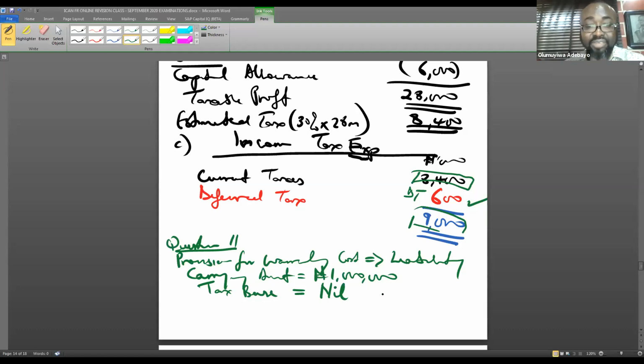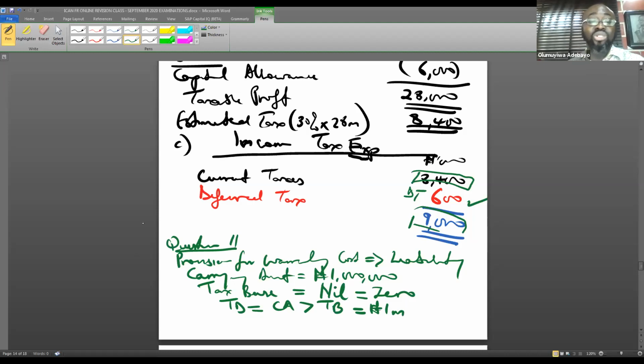Nil implies it is zero. What then happens is that we have a temporary difference, which is the difference between the carrying amount of a liability, which is greater than the tax base. By how much? By 1 million, because 1 million minus 0 is 1 million.